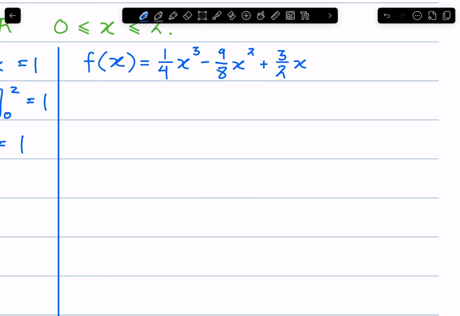So taking our derivative, f prime of x now gives me 3 on 4 x squared minus 18 on 8 x plus 3 on 2. Let me just simplify that straight away. 18 on 8 gives me 9 on 4.